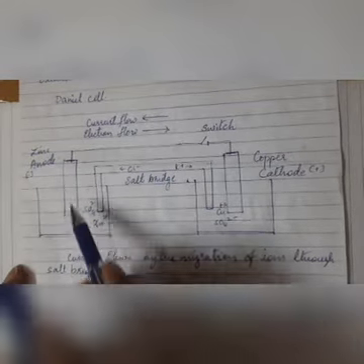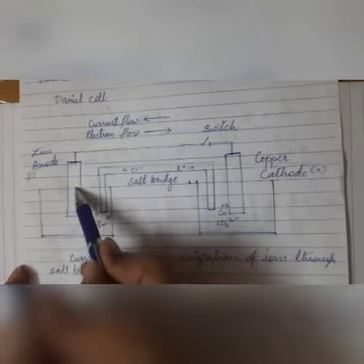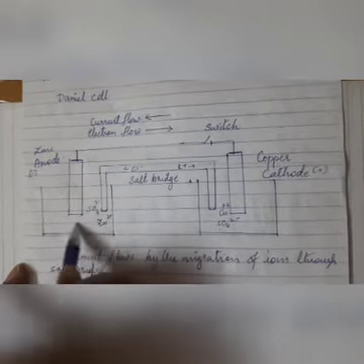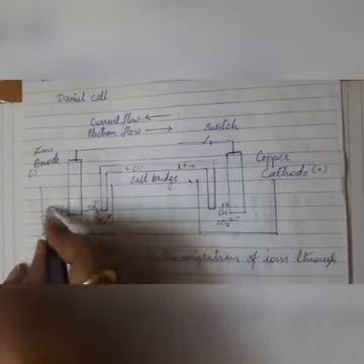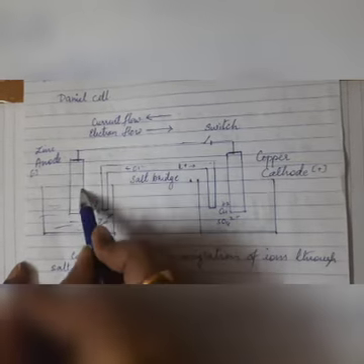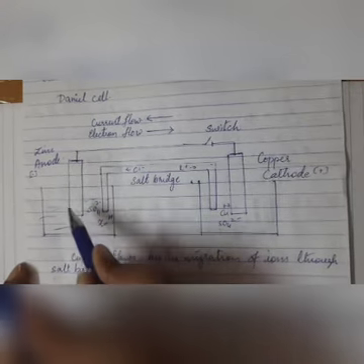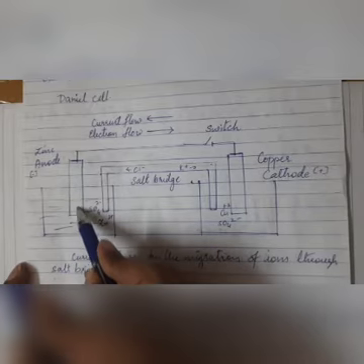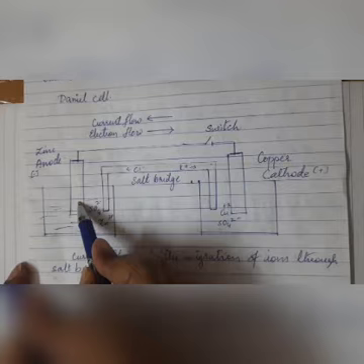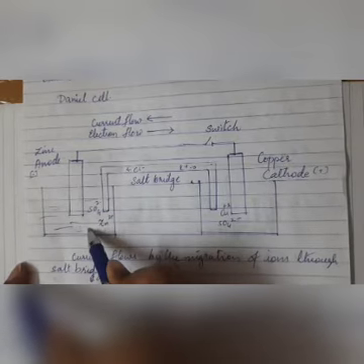In one container we take a zinc rod dipped in a solution of zinc, like zinc sulfate. So metal and its own solution create an electrode potential, so we dip the zinc rod in the zinc sulfate solution.